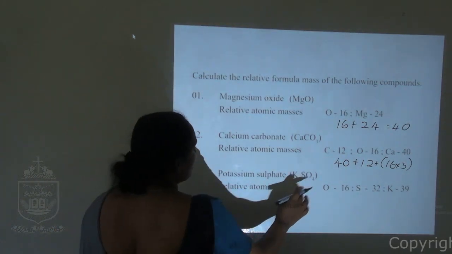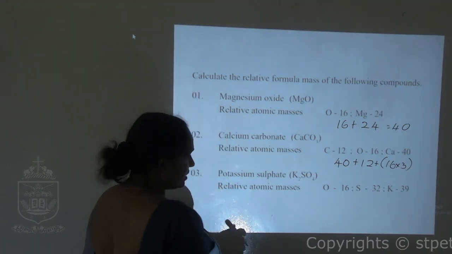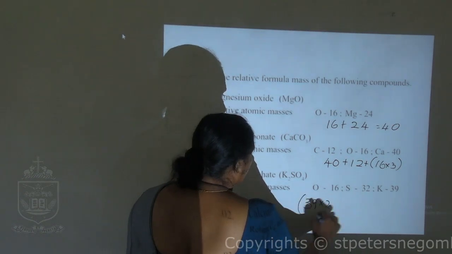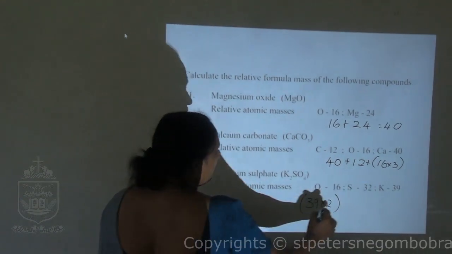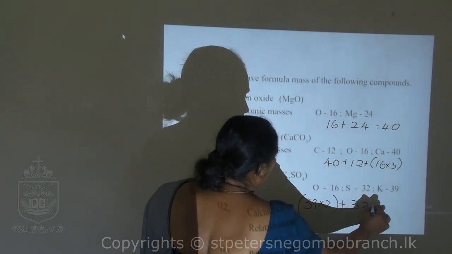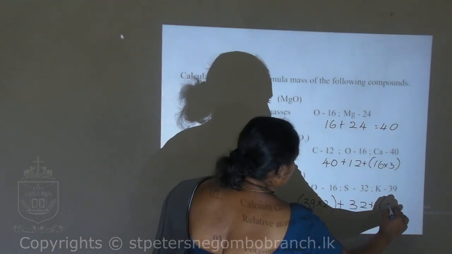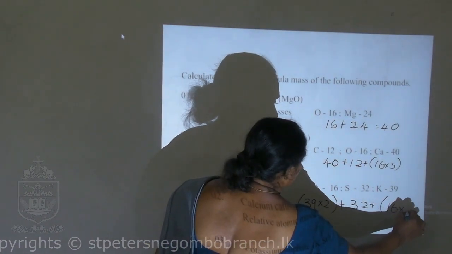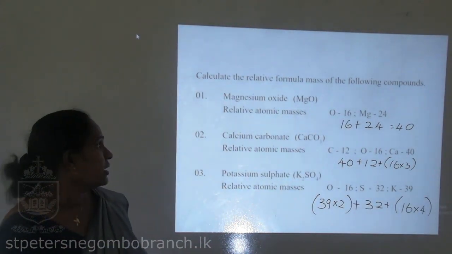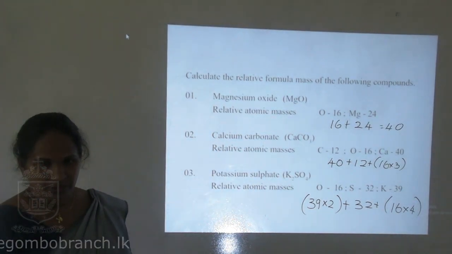When it comes to potassium sulfate, potassium has 2 atoms, so 39 into 2, plus sulfur 32, plus oxygen, there are 4 atoms, 16 into 4. This is all we have to add. Then we can find the relative formula mass of these compounds.